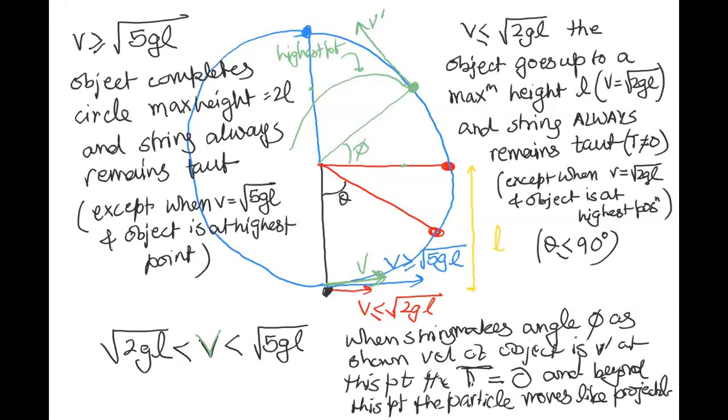One will be the circular motion, starts from point 1 to point 2. And then there will be the projectile motion from 2 to 3. So circular motion, projectile motion.